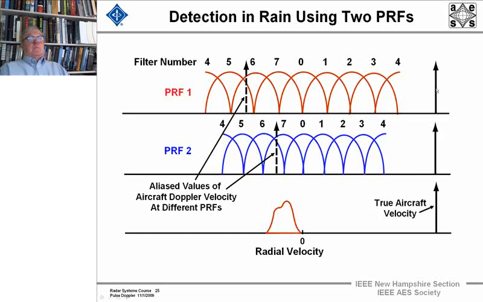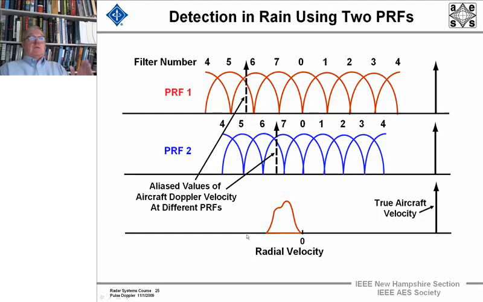Well, this CPI will alias down to right here, and the detections at this CPI will alias down here. So in this case, the target would be competing with the rain's velocity distribution, whereas at this coherent processing interval with its uniquely different PRF from the other, it would come down and you'd be competing against noise.